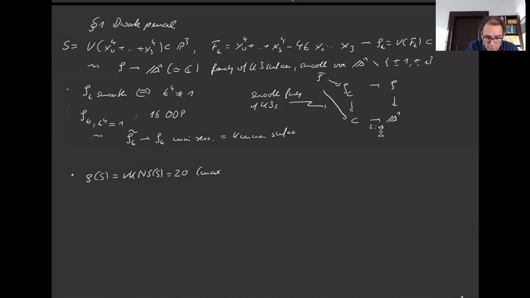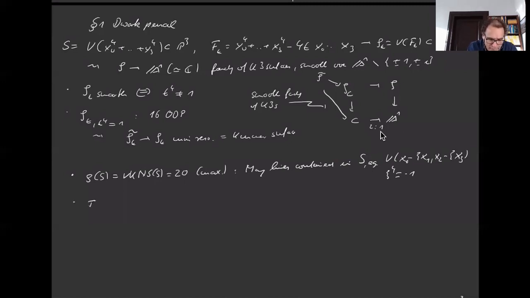This is the maximum possible number, simply for the fact that there are many lines contained in S. For instance, you could look at a line like this, where zeta to the fourth is -1, and you can write many more lines, and this forces the Picard rank to be 20.